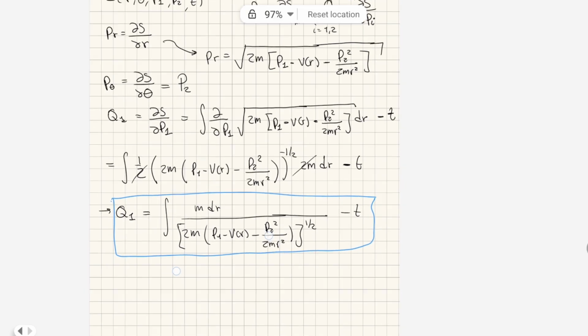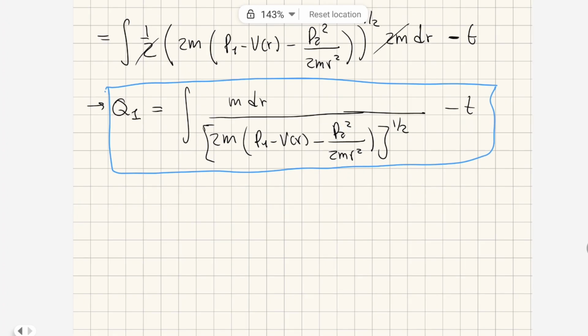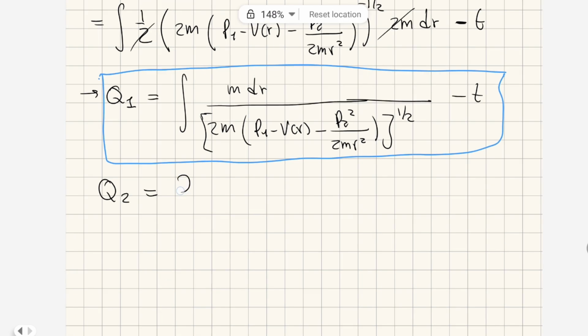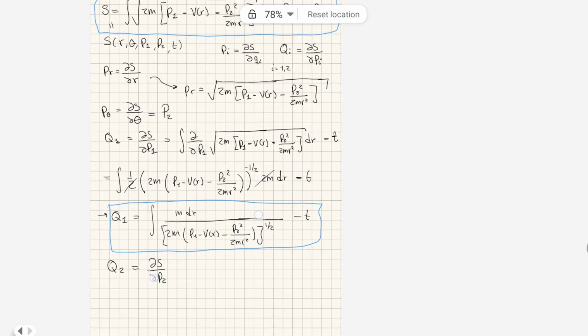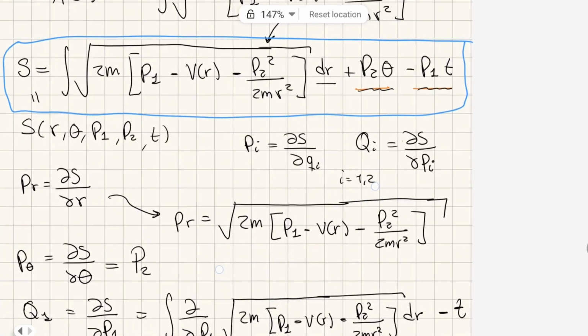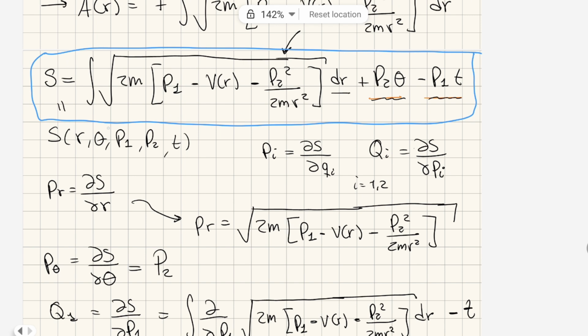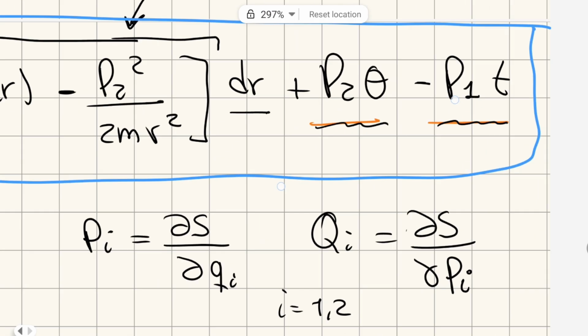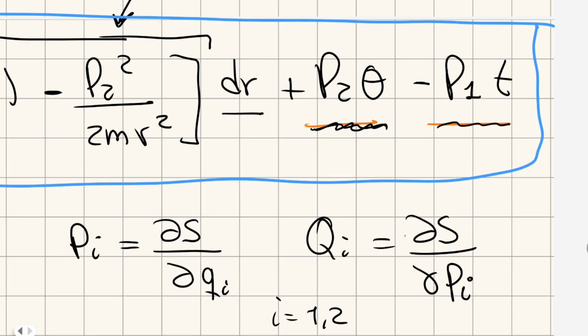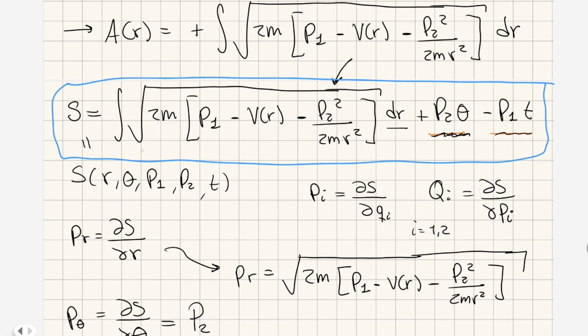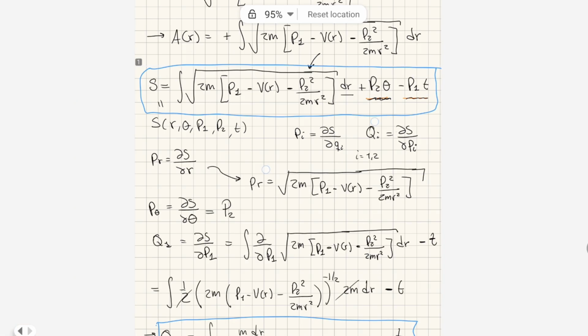Perfect. So with Q2 we can do something similar. We know from the equations of canonical transformations for S that the partial of S with respect to P2 is equal to Q2. So we have this expression for S. If we calculate the derivative of S with respect to P2, here we are going to get a theta, and then we need to take the derivative with respect to P2 of all this expression that we have here.